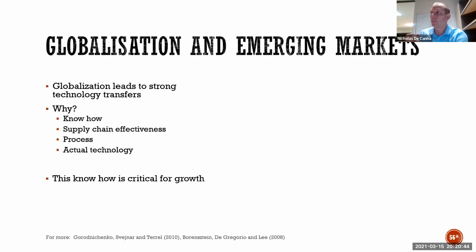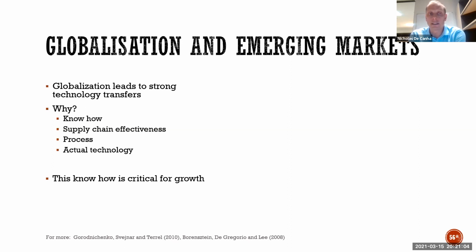It's one thing to think, I'm going to take a retail store and do it somewhere else. That's actually low complexity and not really what you're here for. But when you're developing a complex product, supply chain effectiveness is something you've got to move with you if you're going to deliver in a new place.